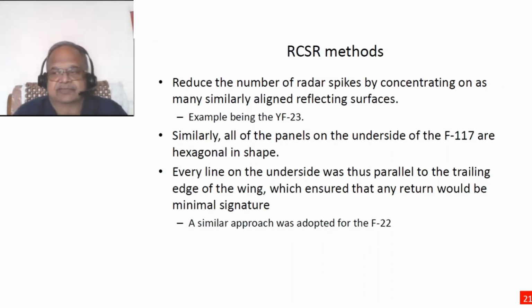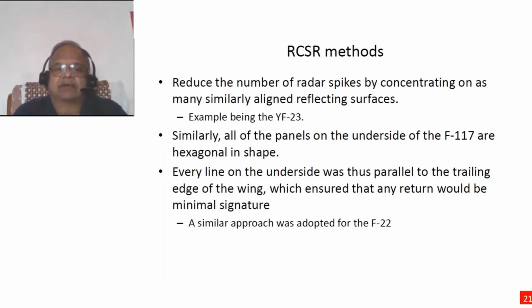Reflecting surfaces which are similarly aligned ensure that there is minimized reflection. For example, we'll talk about this in another case, YF-23. Incidentally, Y indicates that it's still in the prototype form. The accepted aircraft will have a different number, with only F attached to it.